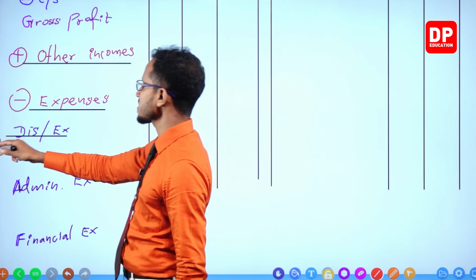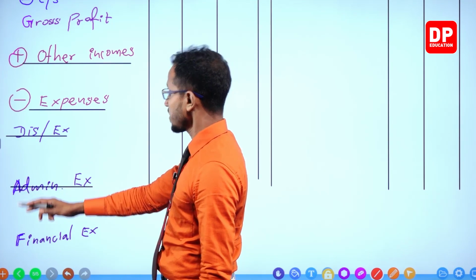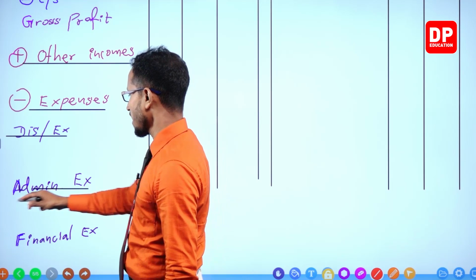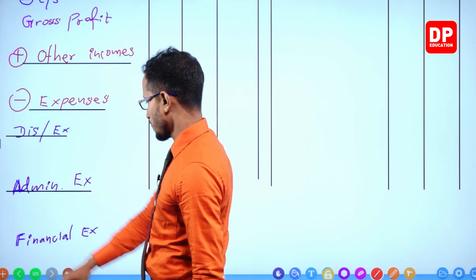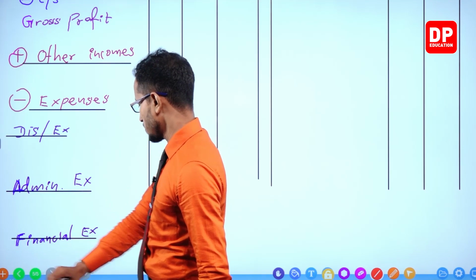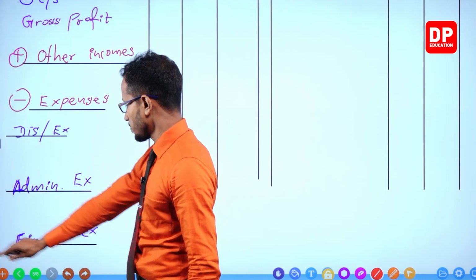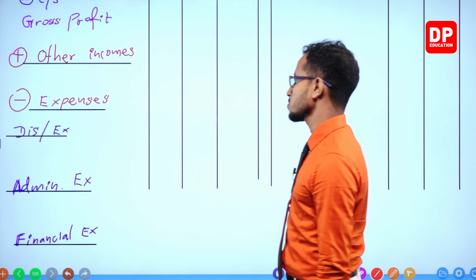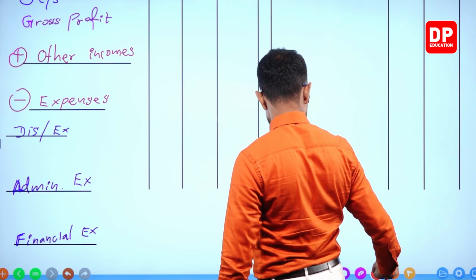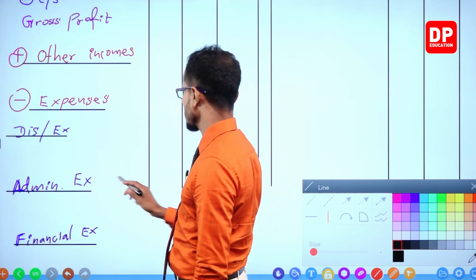These are all headings, as I always tell you. Keep them underlined. Don't cut them. Again, you cut them. No. That is properly underlined. Okay. Keep them underlined because those are the main categories of expenses.